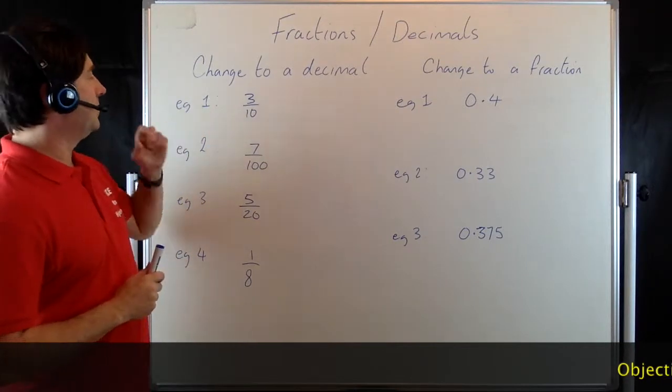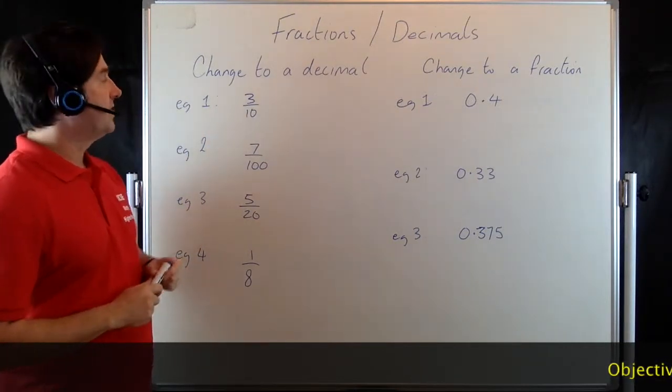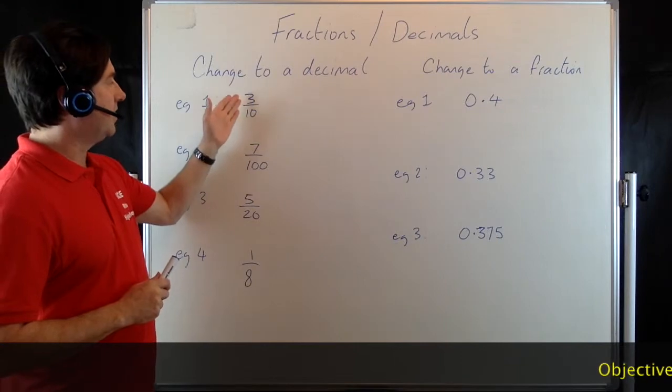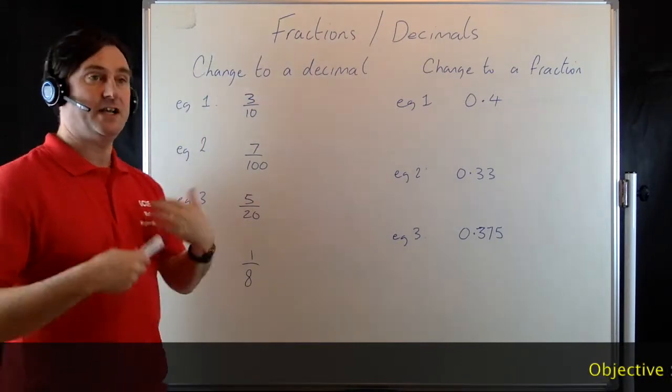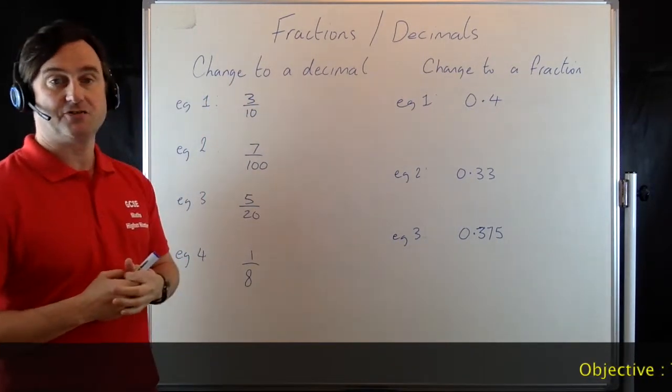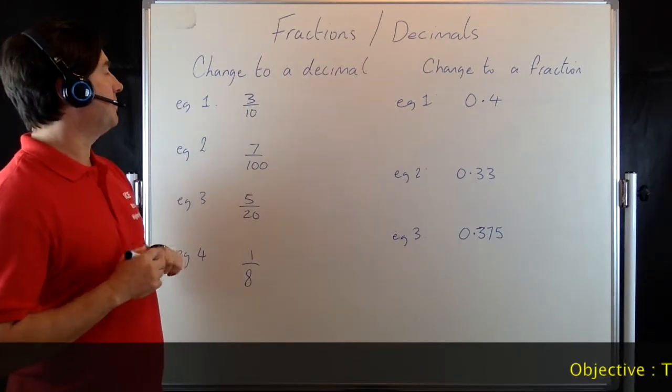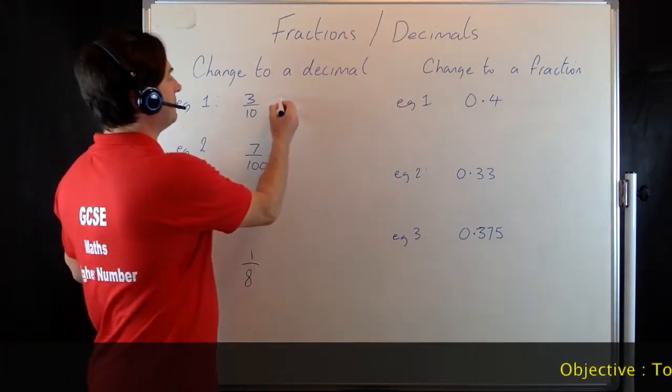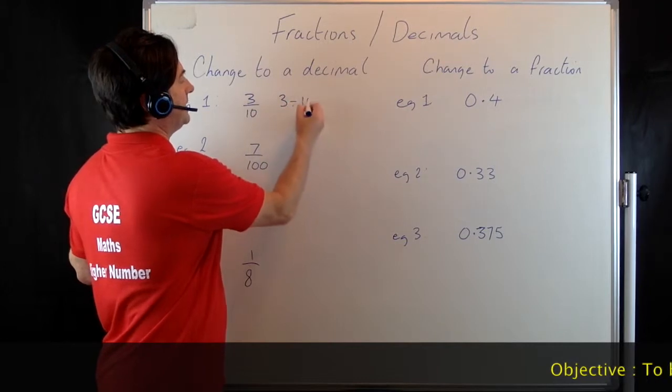So we've got an example here, example 1, 3/10. Now as long as your fraction has a denominator of 10, 100, 1000, then this is fairly straightforward. Because basically 3/10 just means 3 divided by 10.